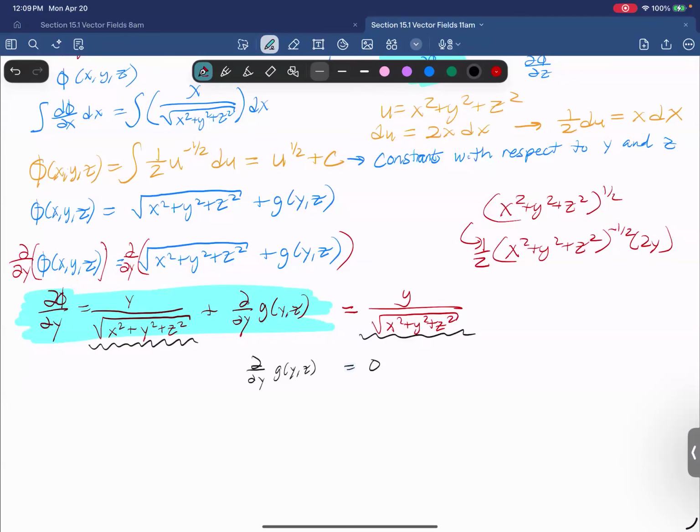Now to find g, we'll integrate with respect to y. And we get g of y, z equals a constant with respect to z. So let's call it h of z. So there was no y component.